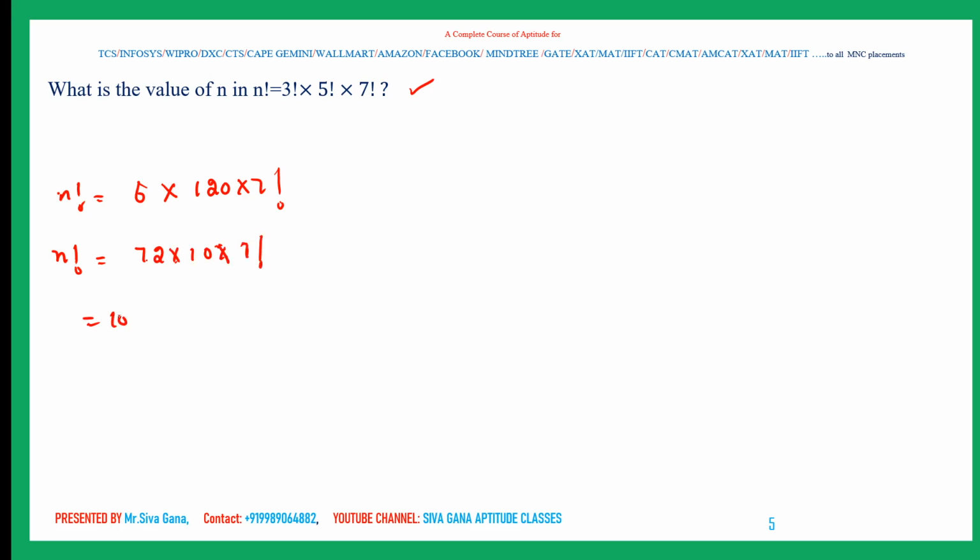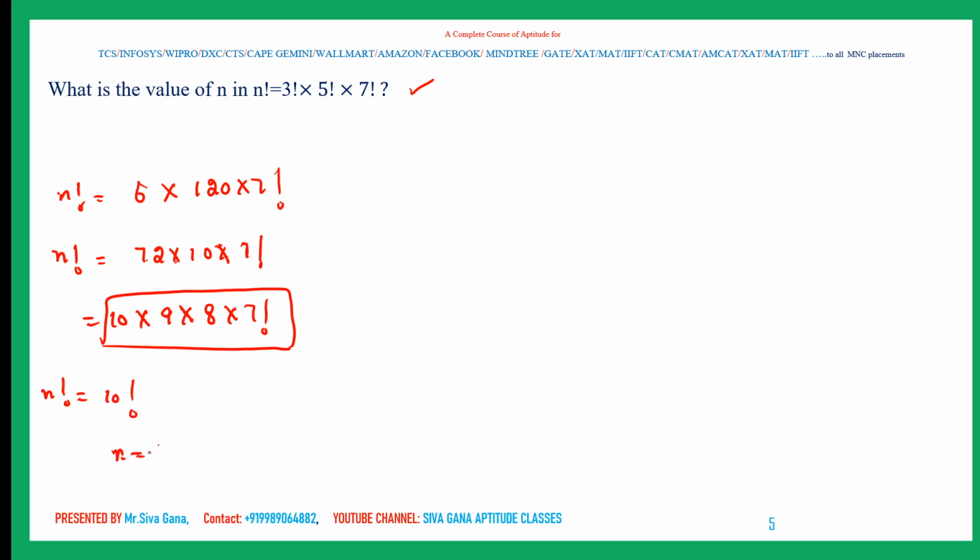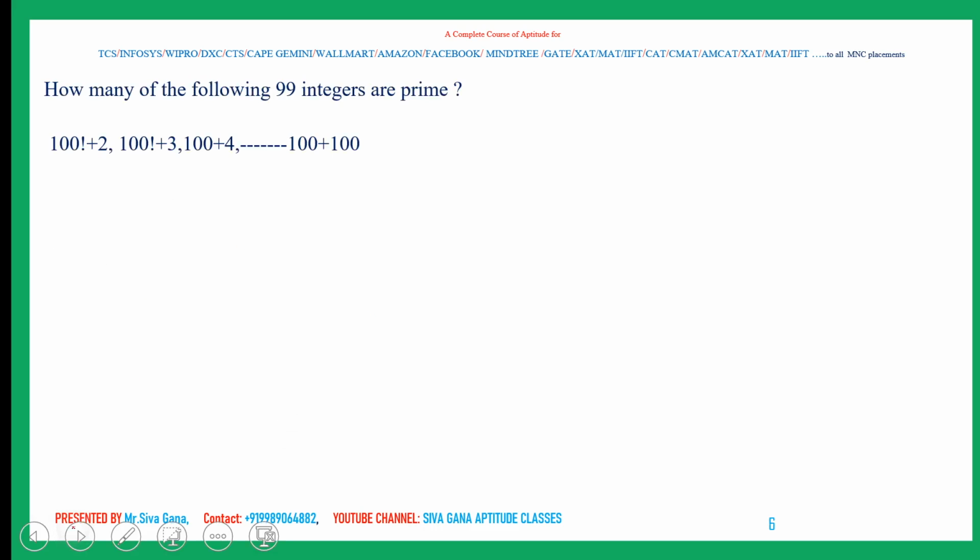That implies 10 into 72 can be written as 10 into 9 into 8, since 9 eights are 72, into 7 factorial. Now what is this? This is nothing but 10 factorial. Therefore the given product is nothing but 10 factorial, so n is equal to 10. It is a very simple framing question. You just have to frame the given factorials in this way and you will get the answer. n is 10. A simple question, but a previously asked placement question.